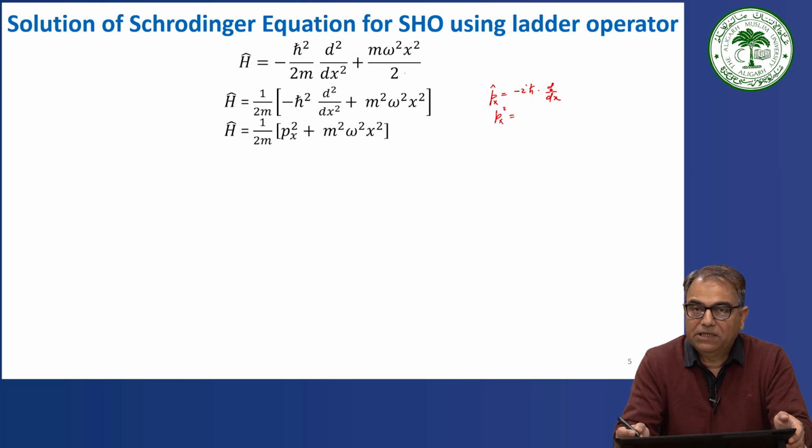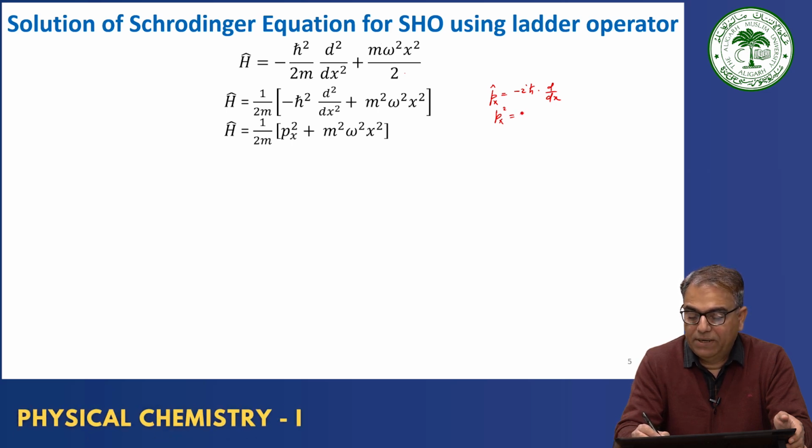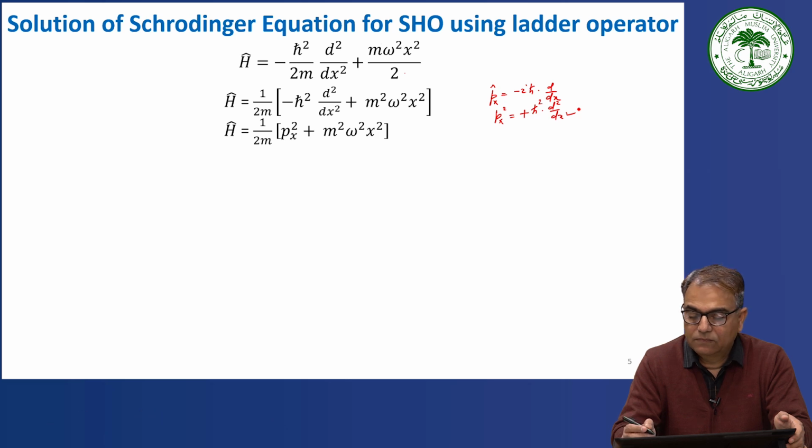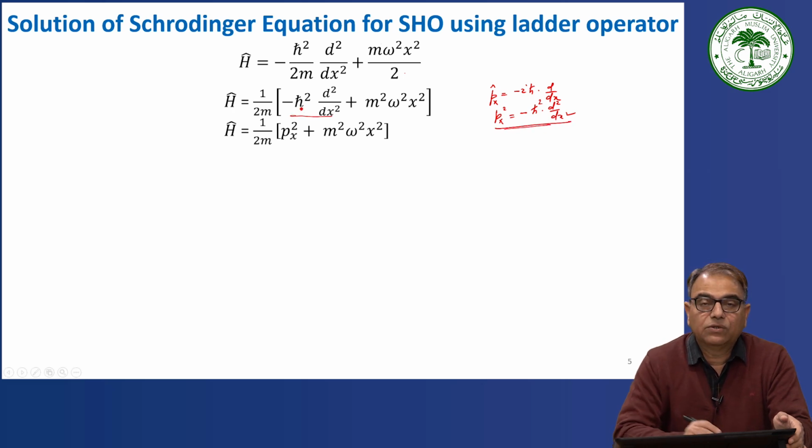Minus and minus gives plus, and again i square gives minus, so it will be minus h cross square d square by dx square. So this is your Px square, and if you compare this with the Hamiltonian, it is Px square plus m square omega square x square.